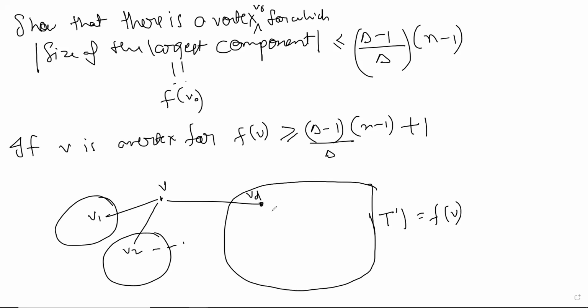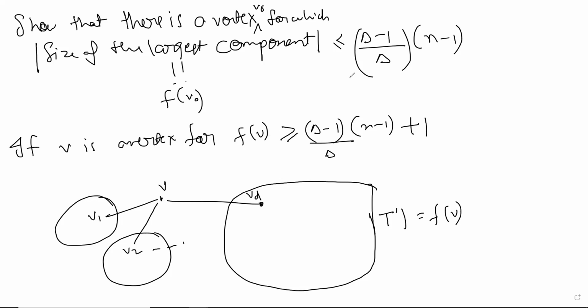So if there is a vertex v for which f of v is more than this, we're just casually taking a vertex v. You start from anywhere, just any arbitrary vertex. I mean, this can actually lead you to an algorithm to find the vertex. You just start from any vertex and take its f of v.